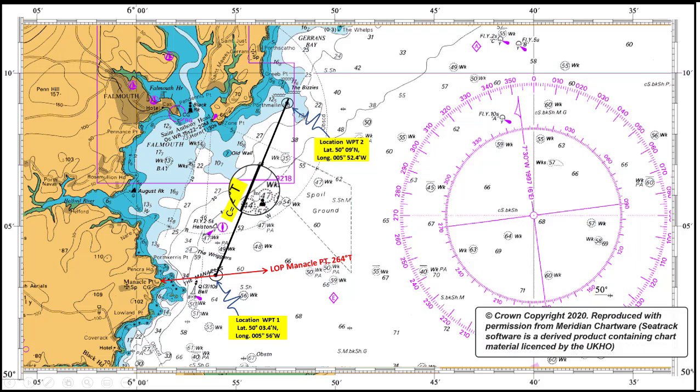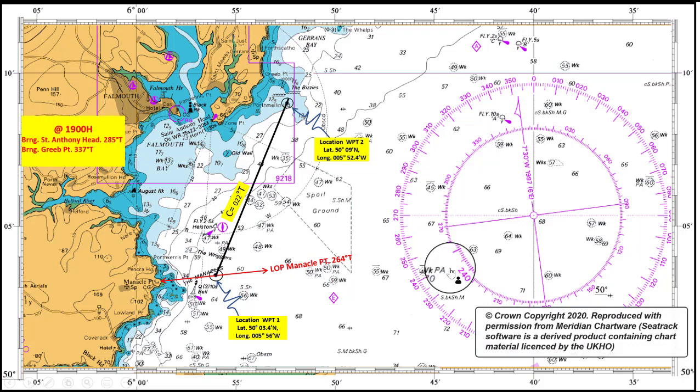The next task is to make a simultaneous observation of two objects, St. Anthony Head and Grip Point. St. Anthony Head is here, Grip Point here. The bearing during the observation is 285 degrees true for St. Anthony Head, and 337 degrees true for Grip Point.